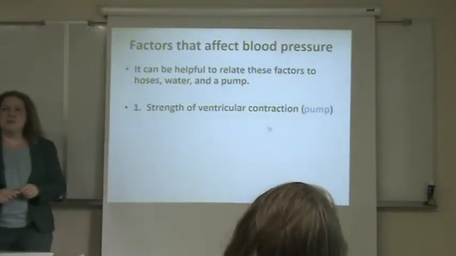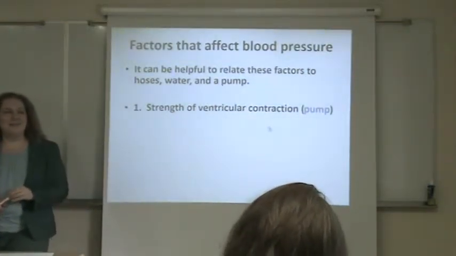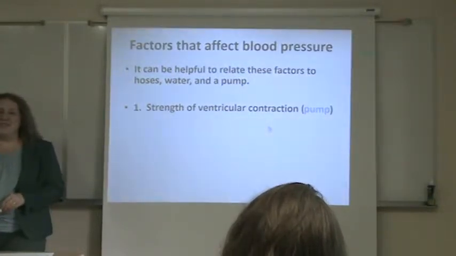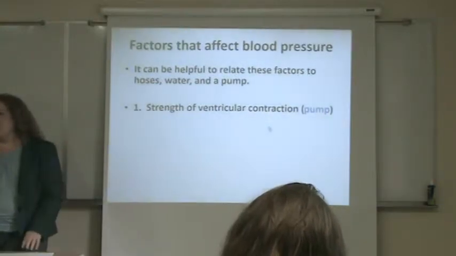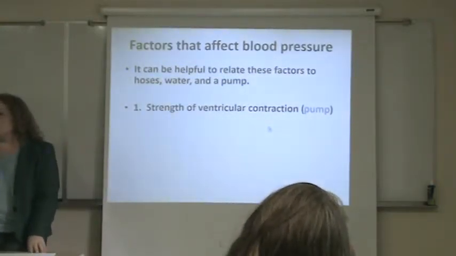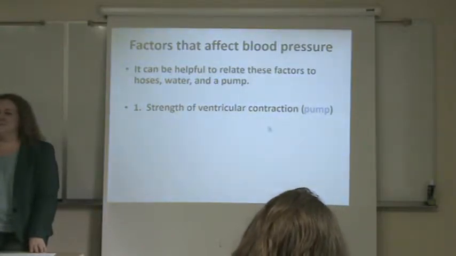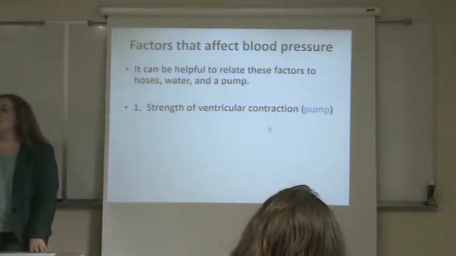When do we measure people's blood pressure? Usually at rest. So if you have high blood pressure at rest, you're going to have really high blood pressure when you are exercising.